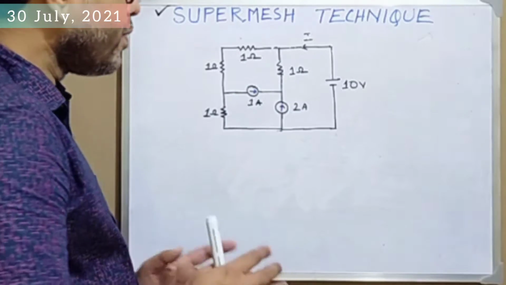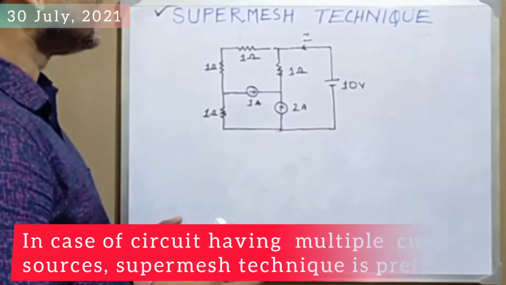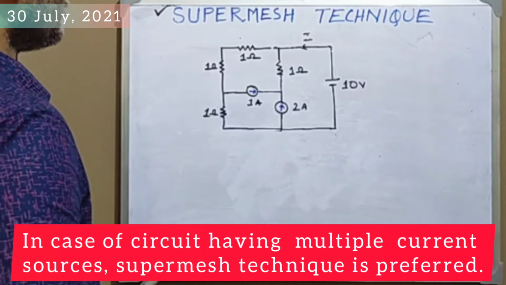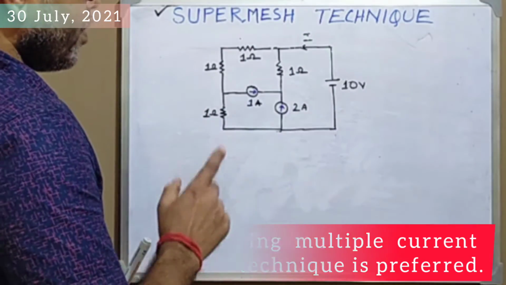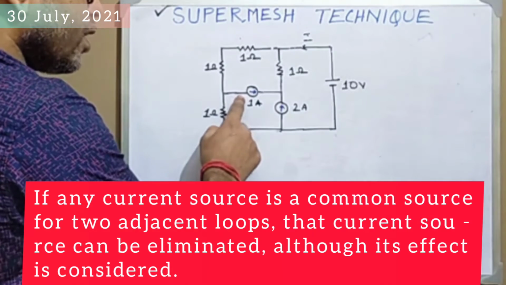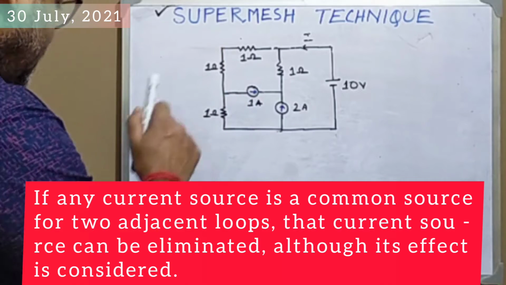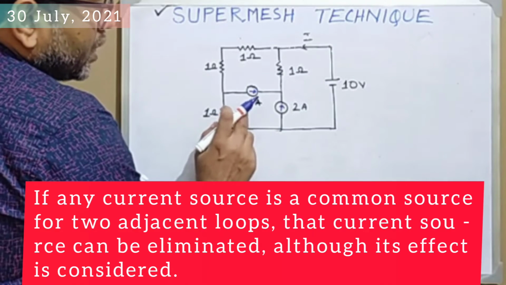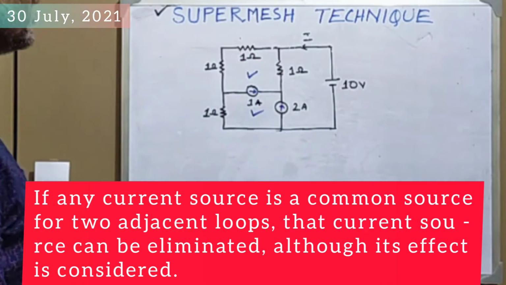In which case should you apply the super mesh technique? Whenever a circuit has multiple current sources, only at that time should you apply it. According to the super mesh technique, if any current source is common to two adjacent loops, just like this, say this current source is common to this loop and this loop, clear?